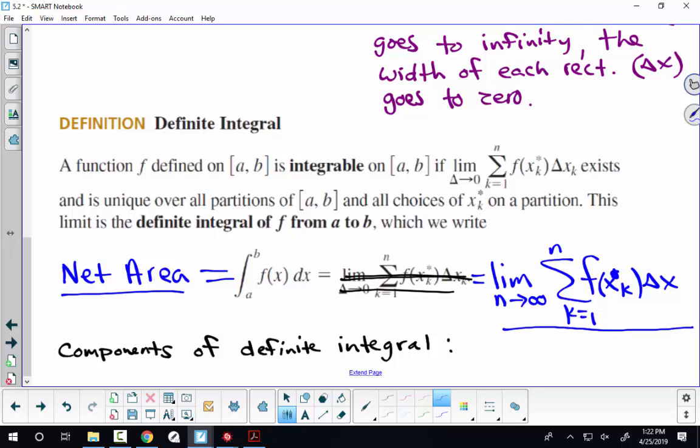In section 5.2, there's a lot of work devoted to showing the net area is actually related to the antiderivative of the function. However, we haven't made that connection at this point. All we know is that this symbol, the integral from a to b of f of x dx, is just that sum right there. We haven't said anything about an antiderivative yet.